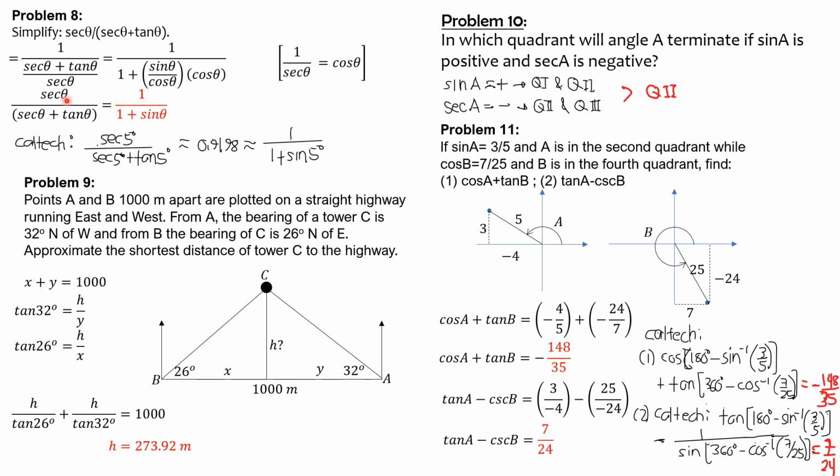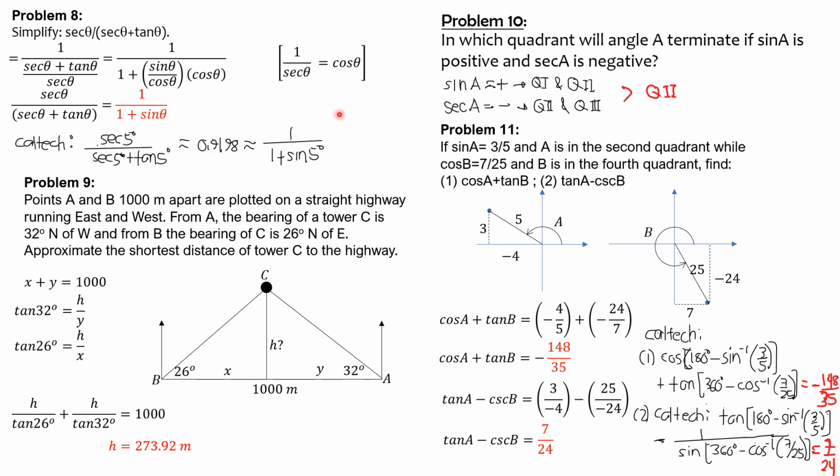Using your calculator, press the fraction first, then secant of 5, which is 1 over cosine of 5 degrees, over secant of 5 plus tangent of 5. You will get approximately 0.9198 for that case.